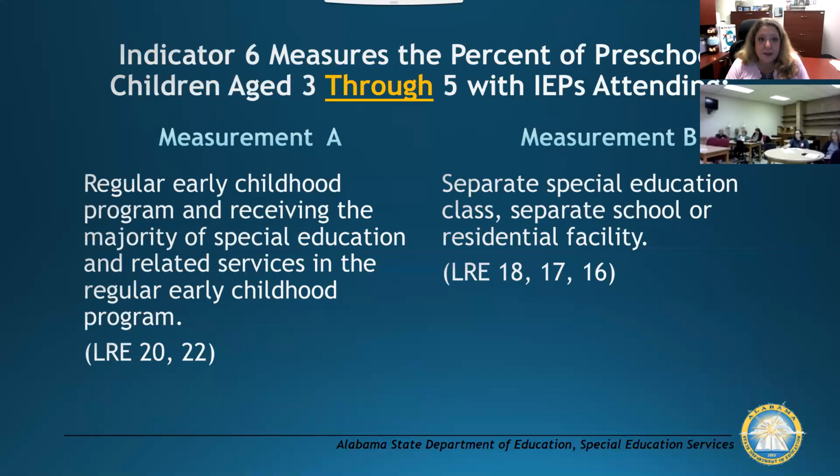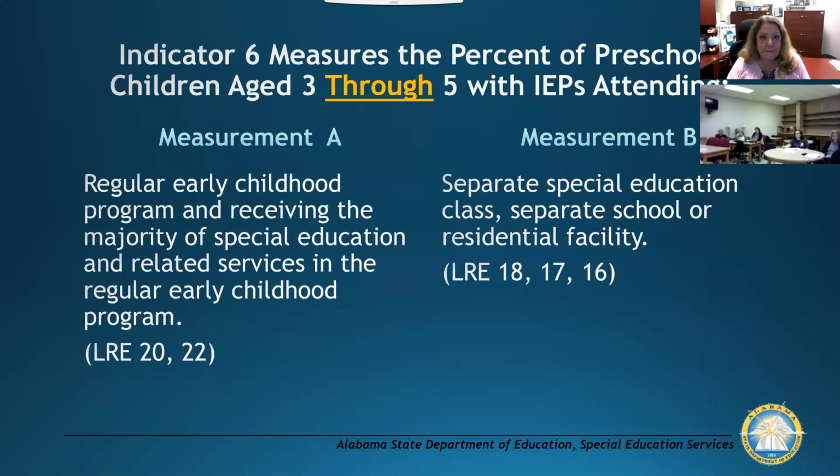Can I interrupt you there, Stephanie? Sure. If y'all think about that, the state is saying that they want 53% of preschoolers being served with an LRE code of 20 and 22. To give you a frame of reference, our performance profile data had our current LEA at 9%.